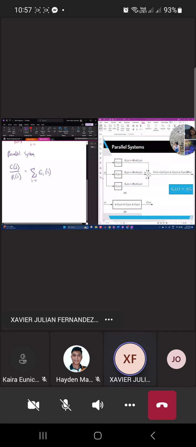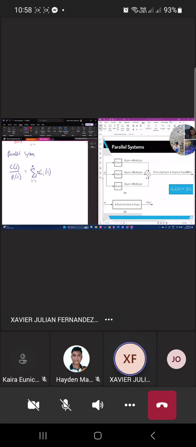Okay? But of course, taking the sign of your transfer function, or taking the sign of the signal coming to the summing junction. So kung negative, negative sa na diha. Negative Gi of S or G1 of S, and so on.